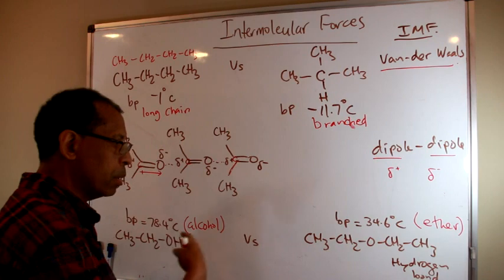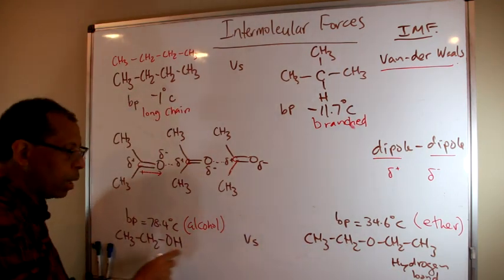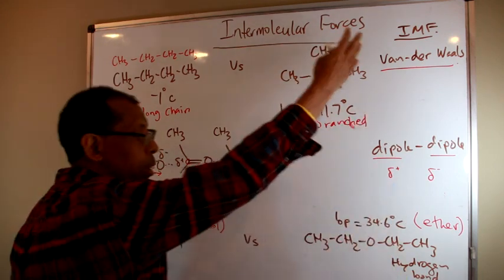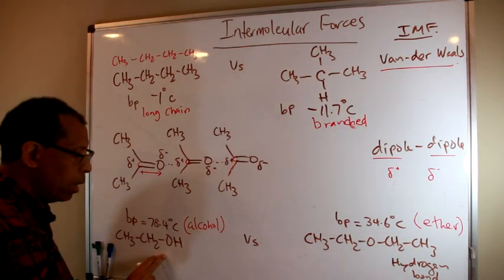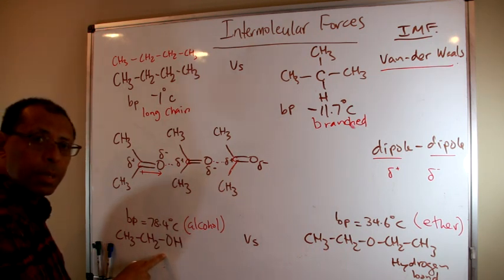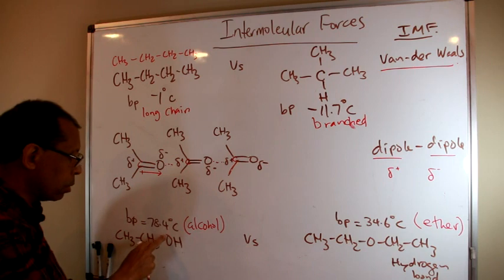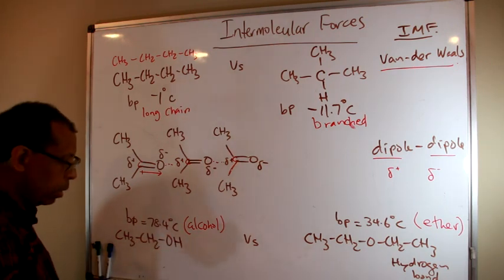The main reason why this difference happens is that this compound right here, the alcohol, can make hydrogen bonding. So the intermolecular force that's operating in the alcohol is mainly hydrogen bonding. The hydrogen bonding is through this oxygen and another hydrogen of the other molecule.